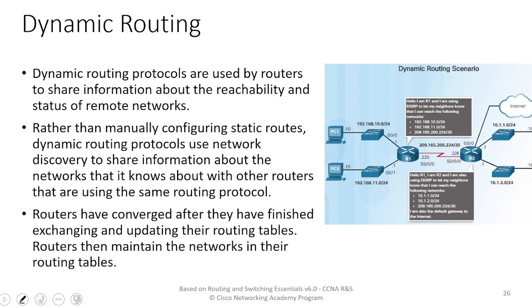This is where the routers have certain protocols they can use to talk to each other, discover information about other routers and the networks connected to them, collate all this information and create an updated routing table, and keep updating this table if anything changes in the network. So when we have a larger network, the dynamic routing approach is much more useful from a usability point of view, and for efficient updates of the information and things like that.